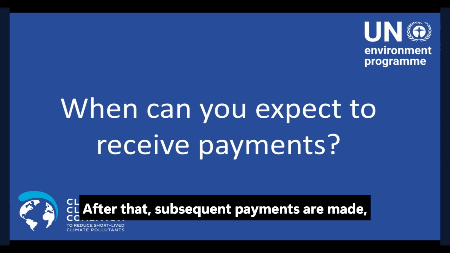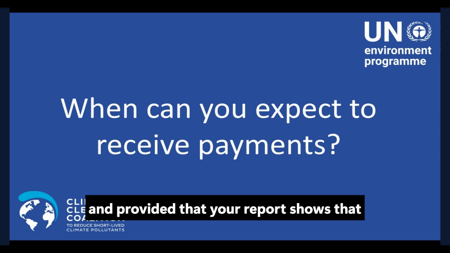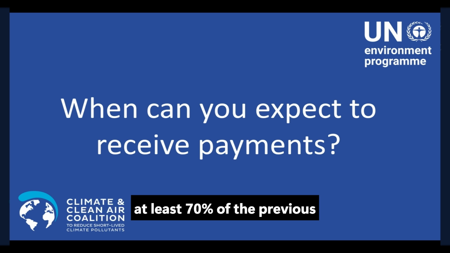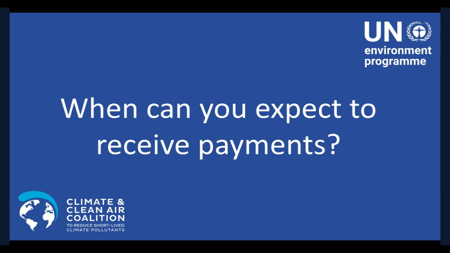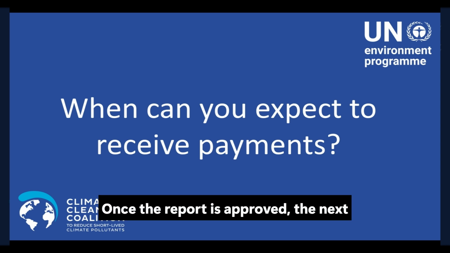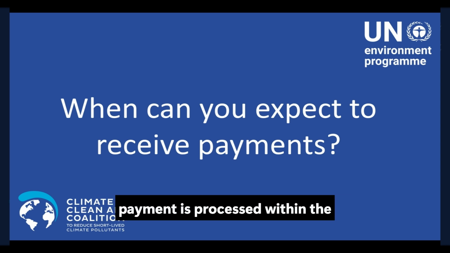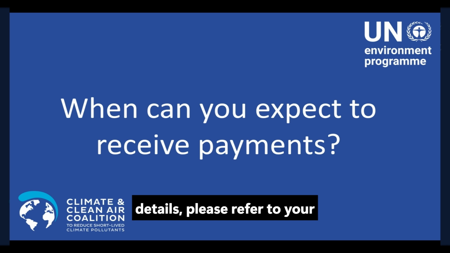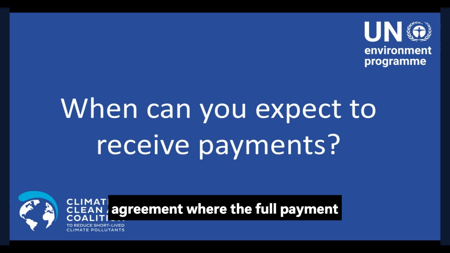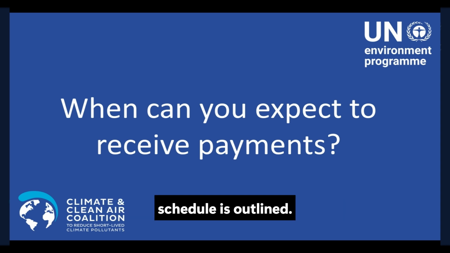After that, subsequent payments are made, provided that your report shows that at least 70% of the previous payment has been spent. Once the report is approved, the next payment is processed within the following weeks. For further details, please refer to your agreement where the full payment schedule is outlined.